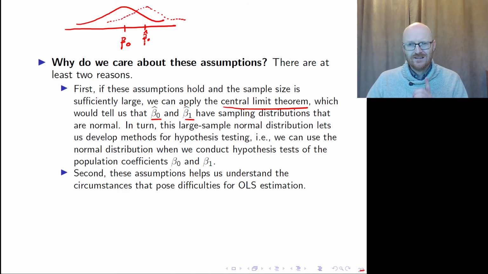This is a really powerful tool, because if you look at it, the height here should be the same as the height here, and then we can just use our estimate, the normal distribution, and we can estimate the probability that the true beta is within a certain range of our estimate.